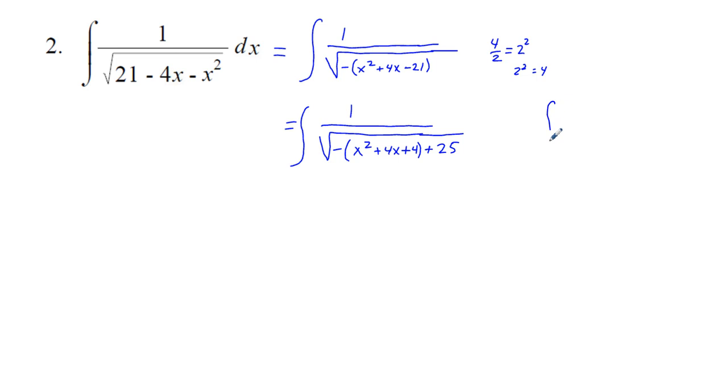I'm just going to write this on the side. The integral of 1 over the square root of a squared minus x squared equals arcsin x over a plus c. Okay, so let's set this to work. We bring down this.